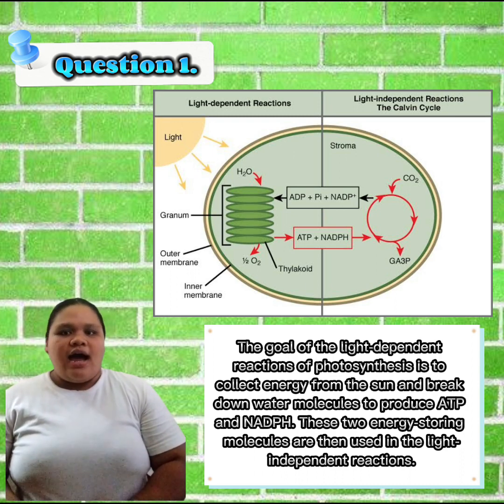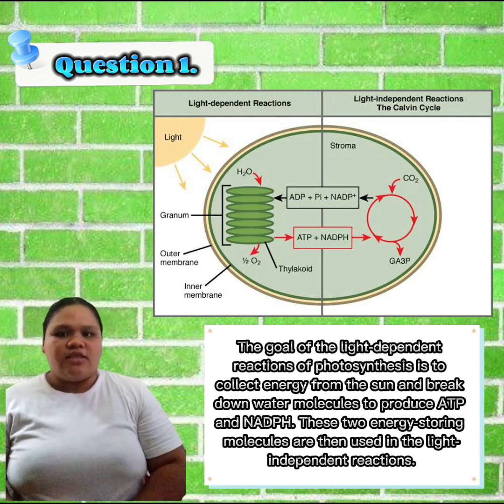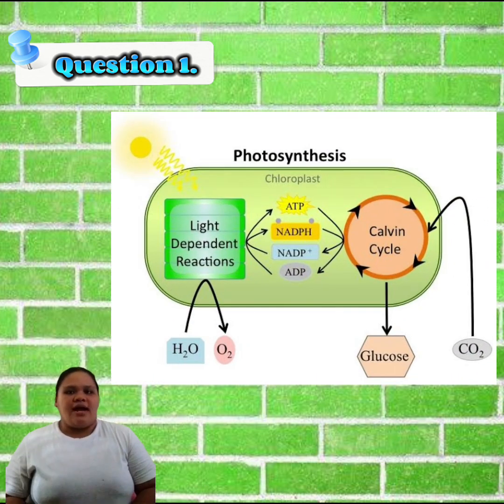Light also activates a number of enzymes involved in the light-independent process. To summarize, photosynthesis occurs in two phases. In the light reactions, light and water go in and oxygen comes out, as well as the ATP and NADPH that are used in the Calvin cycle, where carbon dioxide comes in and organic products like sugars come out.